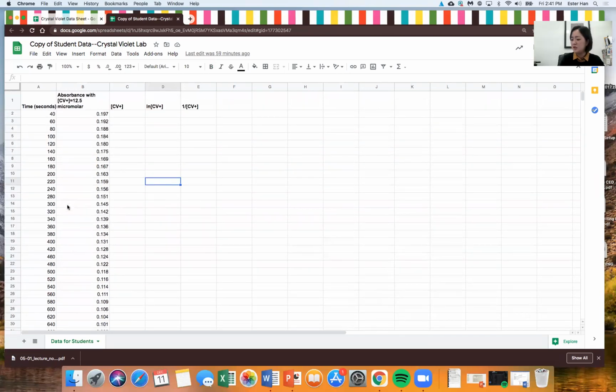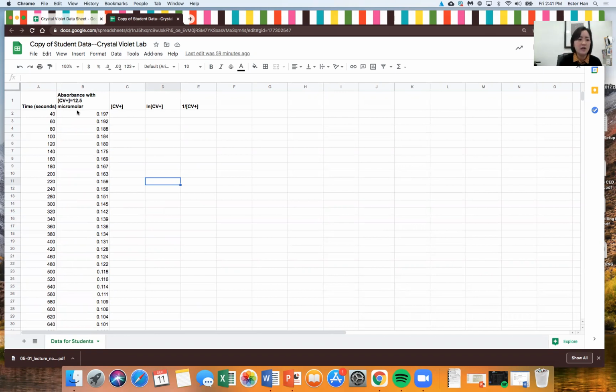So I want to show you guys what was happening over here. The question you are actually answering from the lab in your lab report is whether changing the initial concentration of the crystal violet is going to impact the order in the rate law for this. So you are going to look at three sets of data.